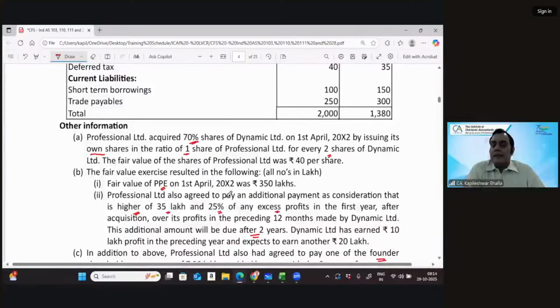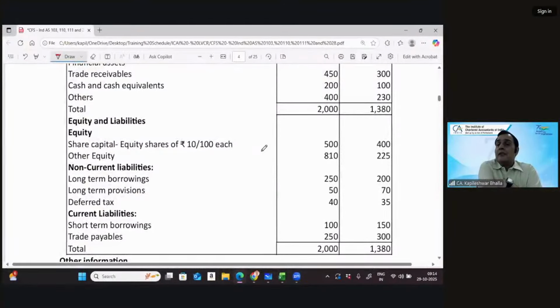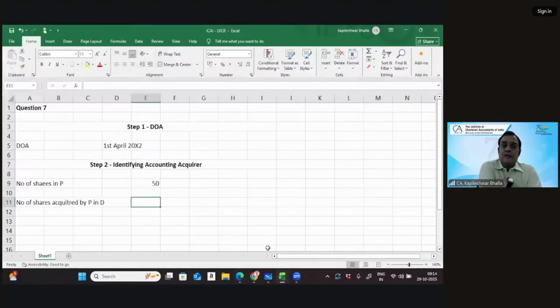If you go back to the balance sheet of Dynamic, the total share capital is 400 and the share is 100 each, which means a total of 4 shares. We acquired 70% of the shares, and 70% in this case would mean 2.8. So this is the number of shares acquired by P in D.